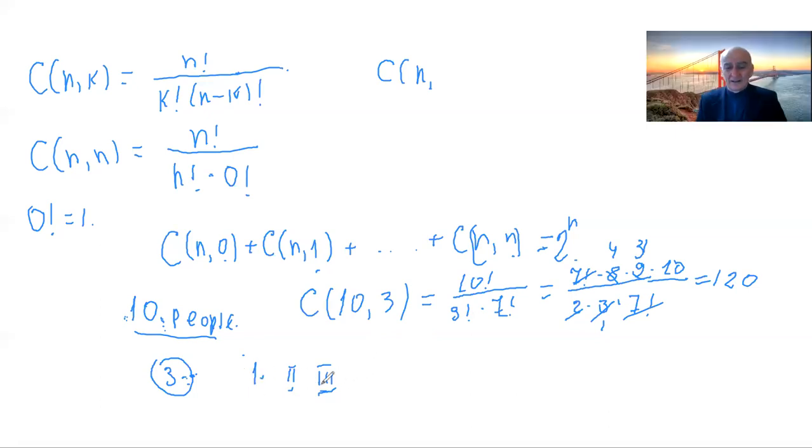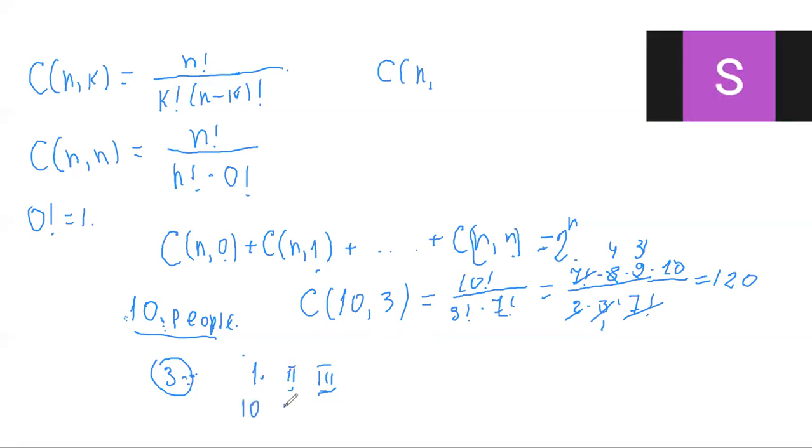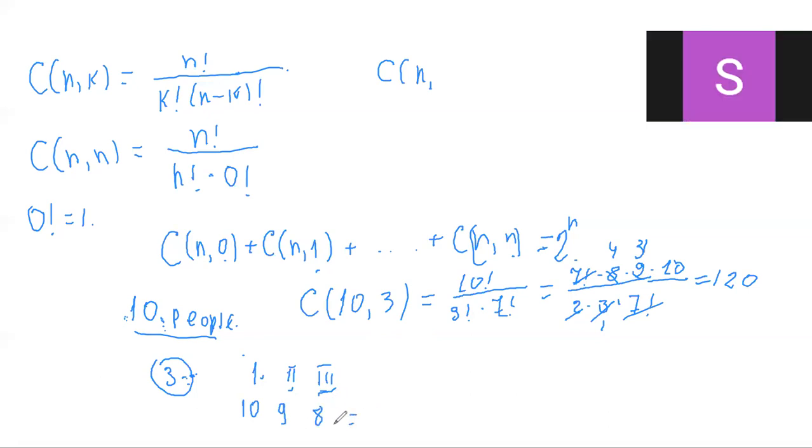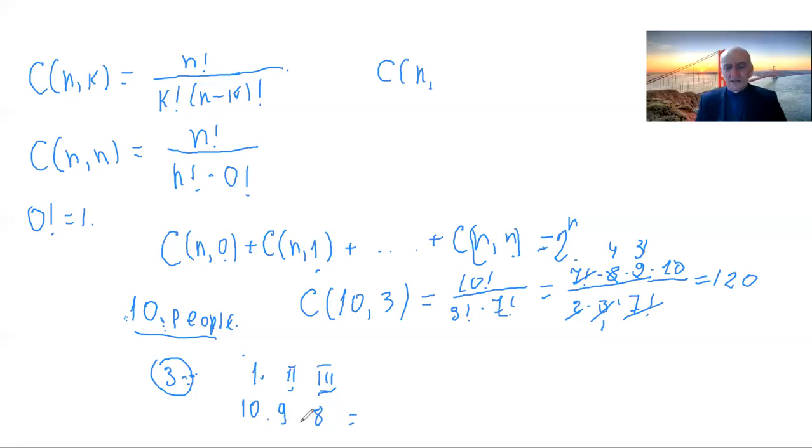So here we have 3 slots. In the first slot, we have 10 choices. Yes, 10 times 9 times 8. And the product of these numbers will be all possible permutations. And what is this number? It's going to be 720.